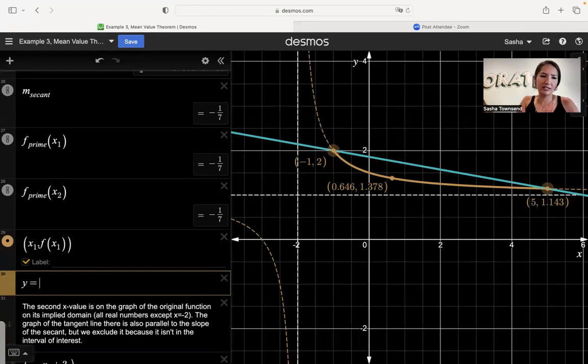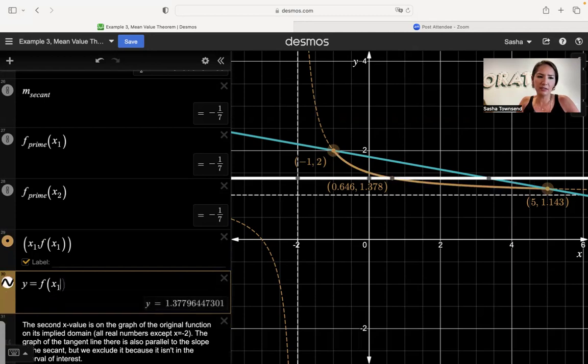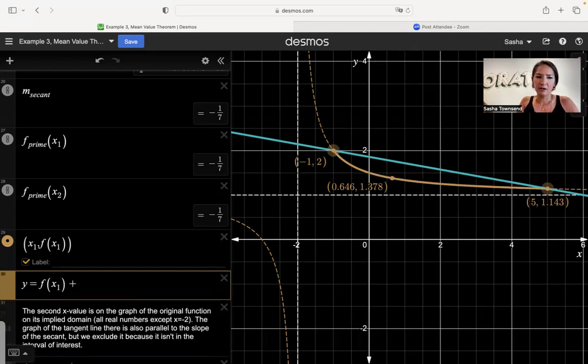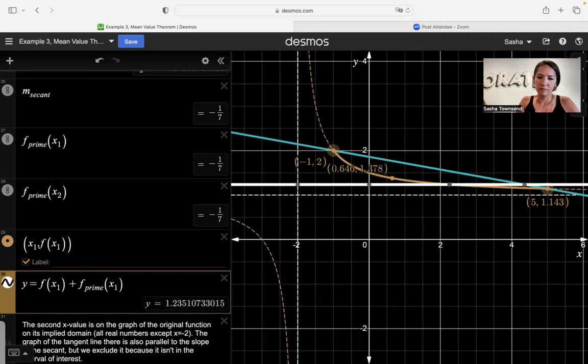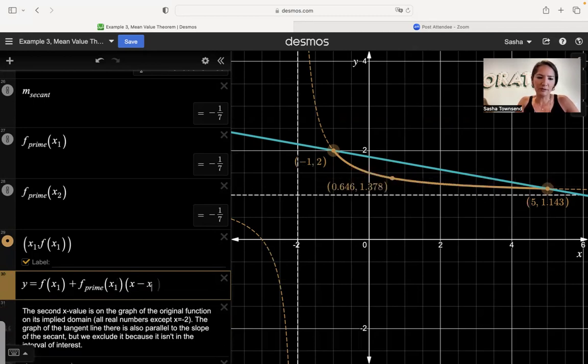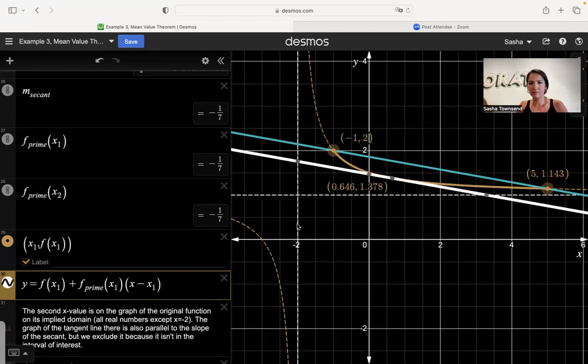And the equation of the tangent line there is f evaluated at x1, that's our original y value, plus the change in y over change in x, times x minus x1, which is the change in x. So we can see that those are parallel to each other.